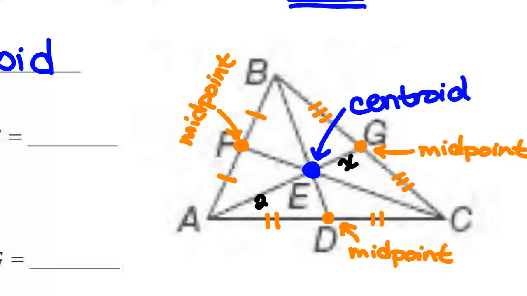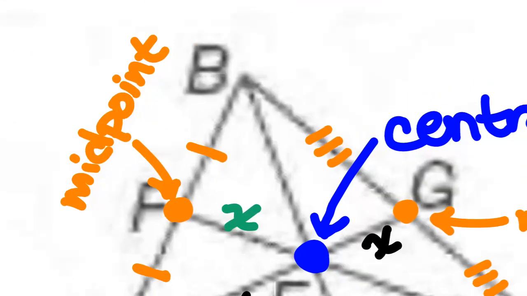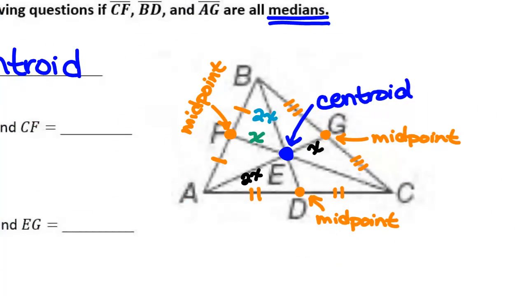Because the whole median altogether is 3x. Is this right here an x or a 2x? X. What about this? 2x. This? 2x. And this? X. Beautiful.